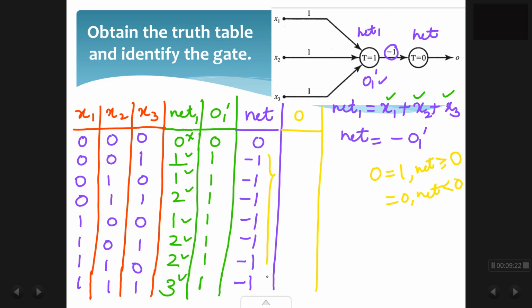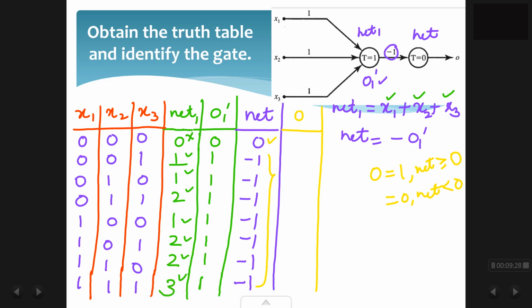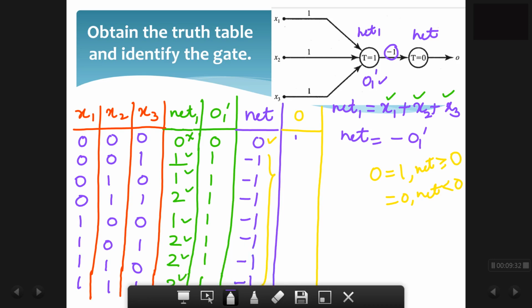So in all these cases net is less than 0, so the output will be 0, and only in this case the output will be 1. So we can indicate it this way.